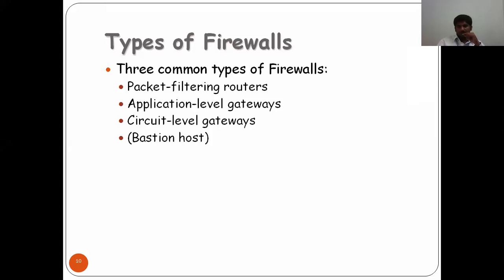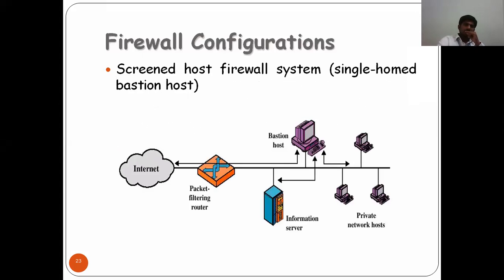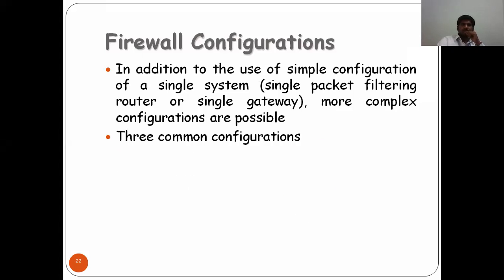Either the packet filtering router we need to protect, or the application layer gateway we have to protect. So we know what the application layer is and where we are going to be creating data. And in the circuit level, the low level, how are we going to maintain it? So these are the main three types of firewalls we saw.